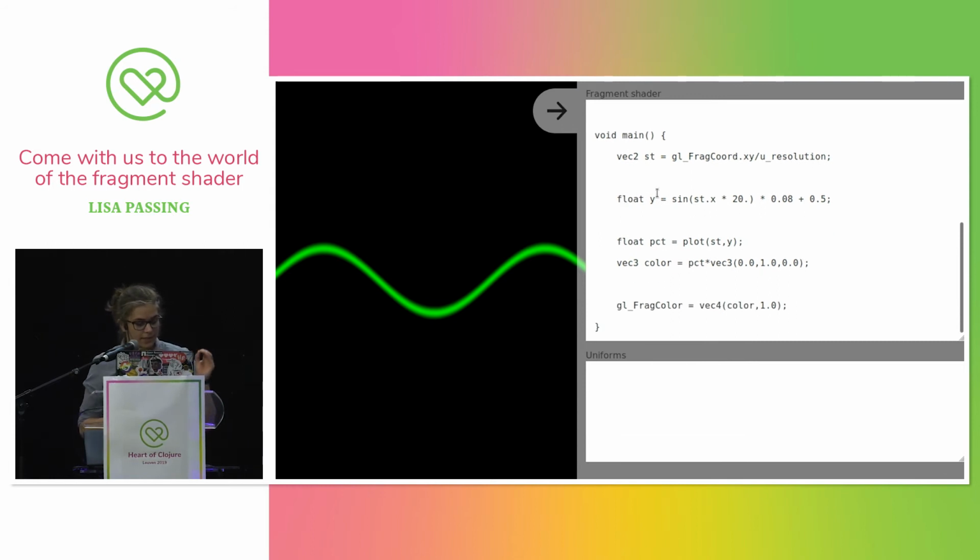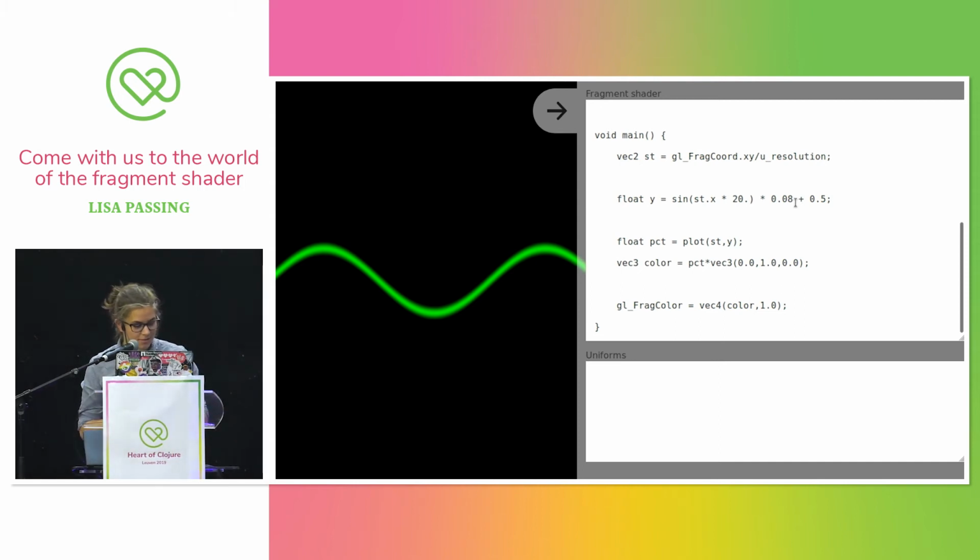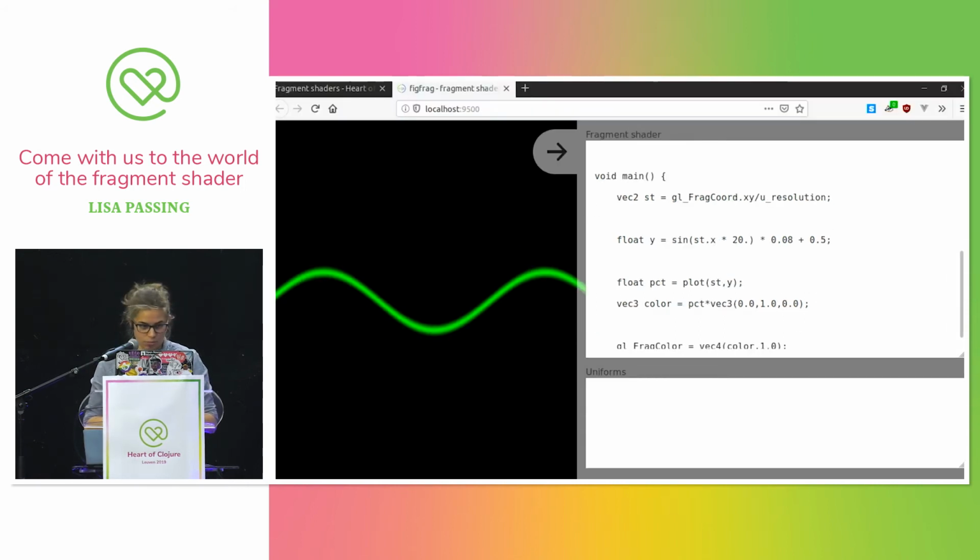This is where we assign the value of the y-axis, so where on the y-axis a certain thing should go, and we take the x value in our little sine function, and then we just throw in some numbers to make it look nice. You will see later that we can easily substitute these for uniforms that we send into the shader to do stuff with it. And I have something prepared as well.